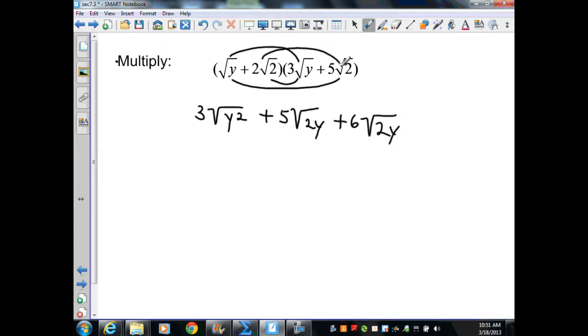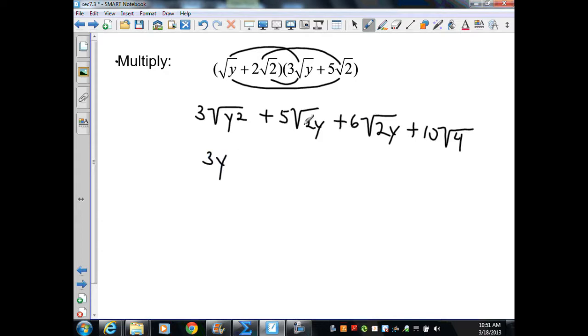And my last term, 2 times 5 is 10 square roots of 4. I could have simplified, but I wanted you to see the process. This, when I simplify, the square root of y squared is y. Therefore, that's going to be 3y.